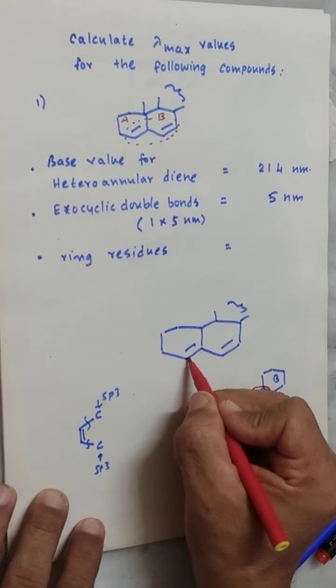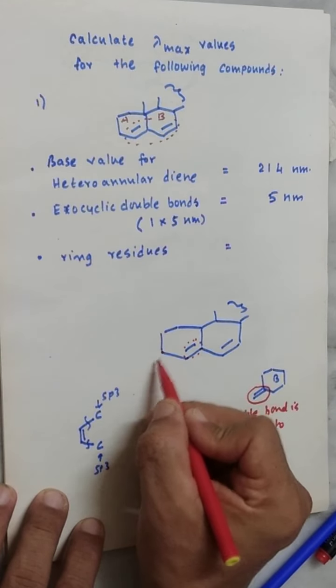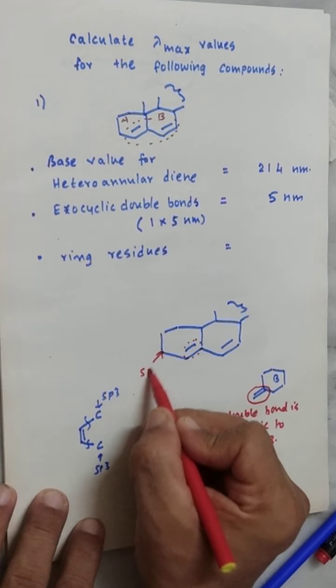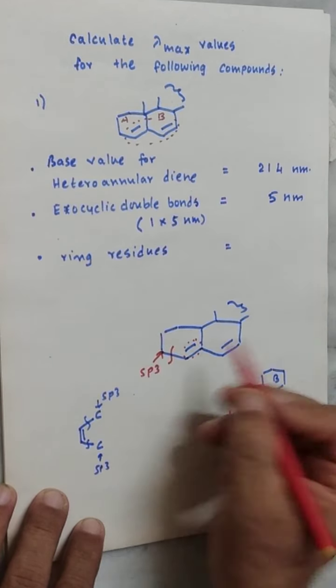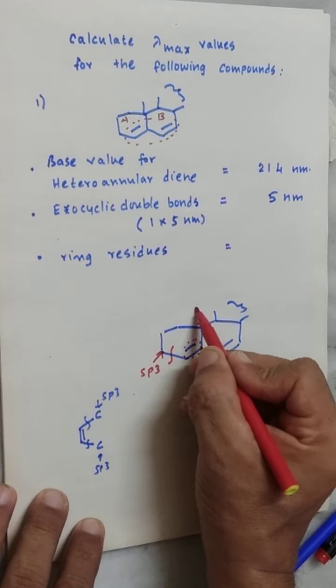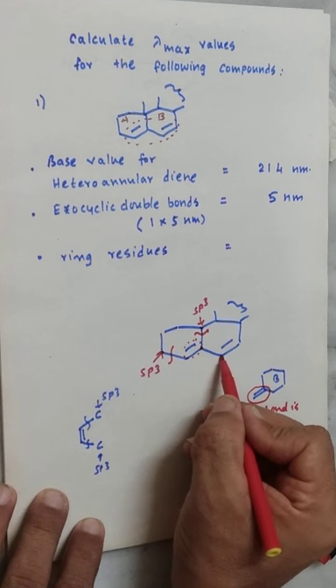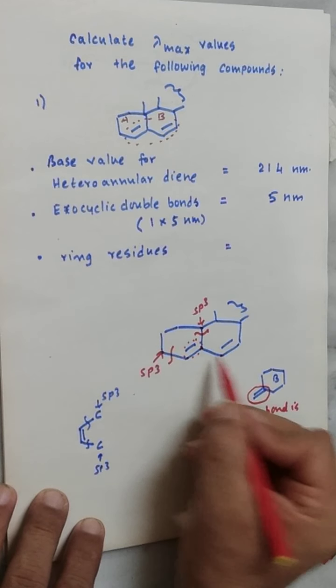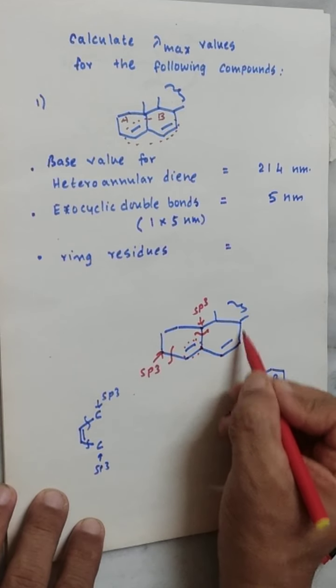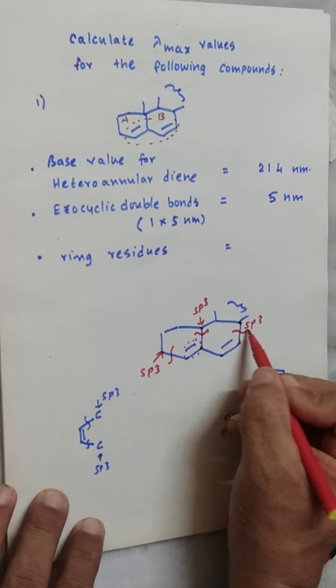Now for this double bond, this is sp3 carbon, so this becomes one ring residue. Again here, this is attached to an sp3 carbon, so this is one ring residue. Now this is attached to sp2, this cannot be a ring residue. Again come to here, this is attached to sp3 carbon, so this becomes a ring residue.